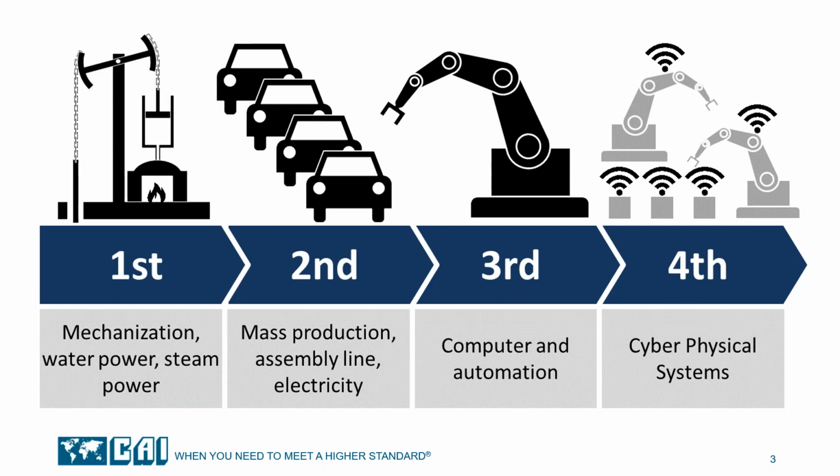We're just getting into the fourth industrial revolution. And in this case, I like to talk about cyber physical systems. Imagine your manufacturing plant existing completely and 100% in a cyberspace that you can log into a computer and see not only the facility, but all the data underneath it.